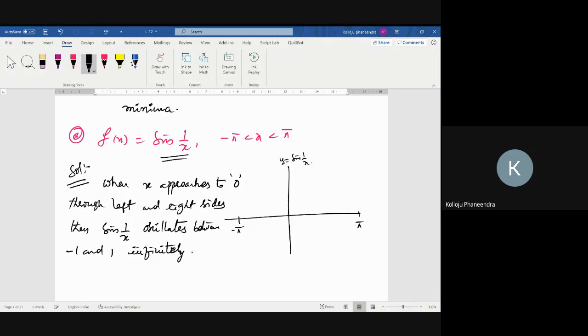When the left limit and right limit approach 0, this is plus 1 and this is minus 1.